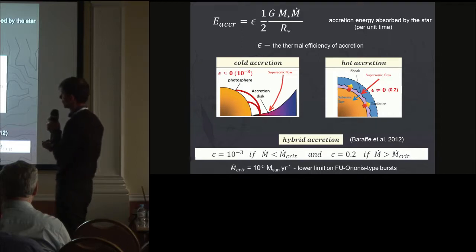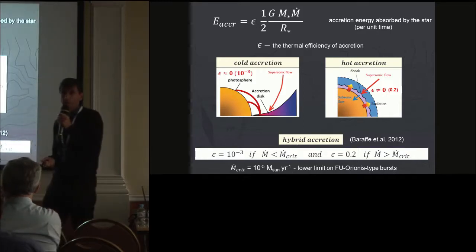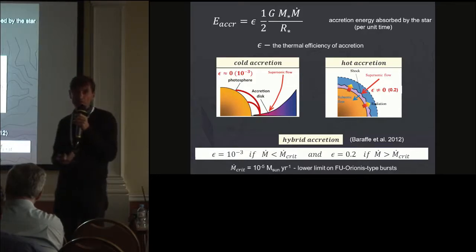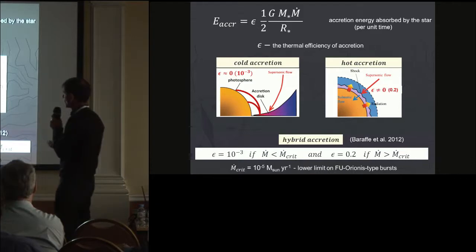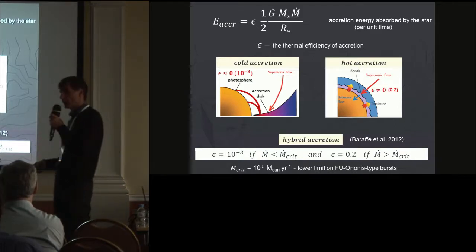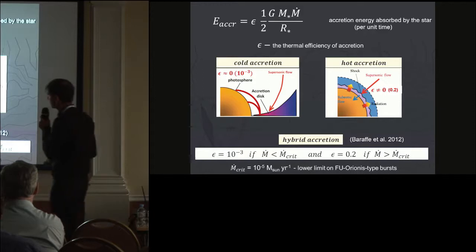One is so-called cold accretion. In this case, virtually nothing is absorbed by the star, and everything is radiated away. Only matter is absorbed. Energy is not absorbed. The opposite case is hot accretion, when some non-zero fraction is absorbed by the star. We chose 0.2 in this case.